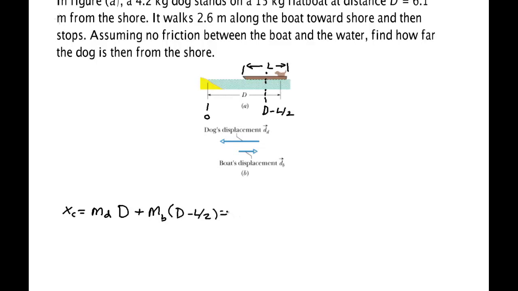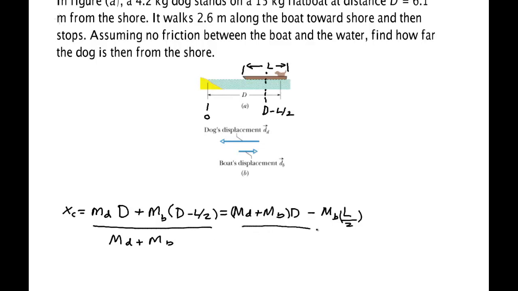So if we put all that together, we have mass of dog plus mass of boat, times d, minus mass of boat times L over 2. And all of this needs to be divided by the total mass, mass of dog plus mass of boat.